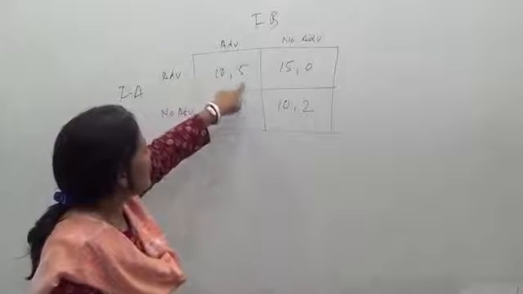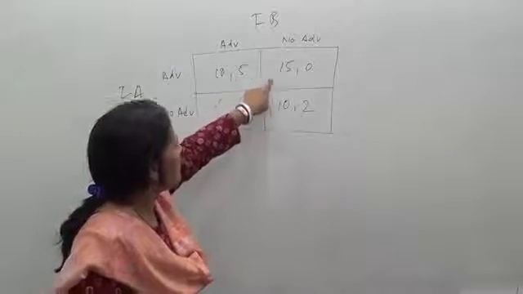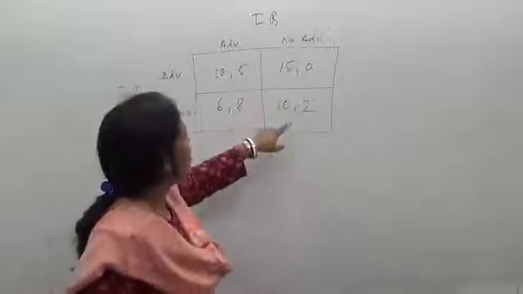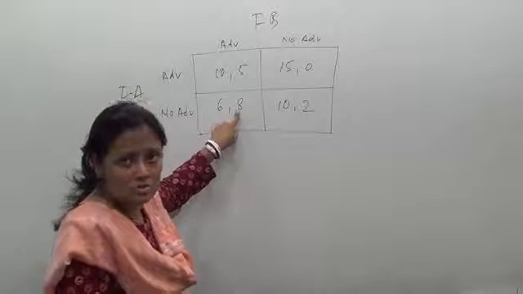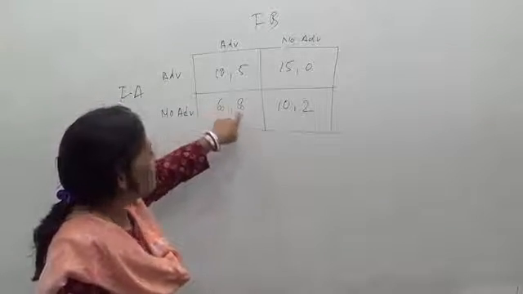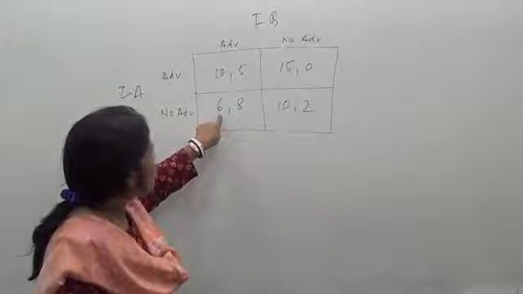Now when we compare for B, we find 5, 0, 8, 2. Out of these, we know that 8 is the best payoff because it is the highest, and we find that here B is advertising, while A is not advertising.